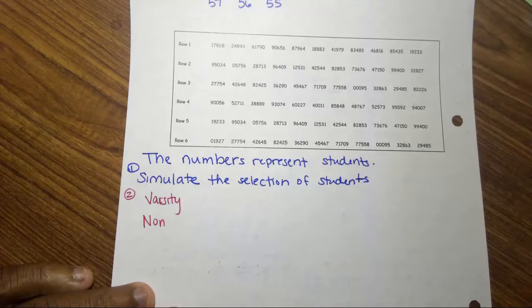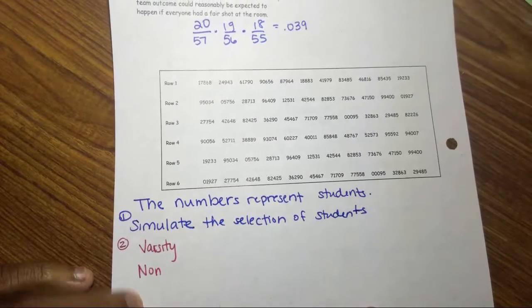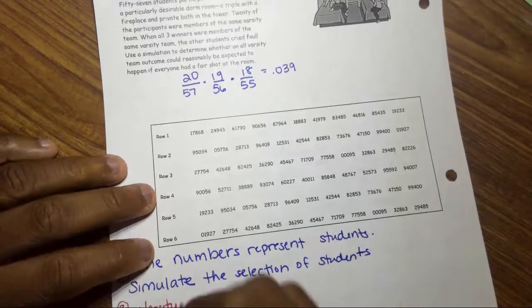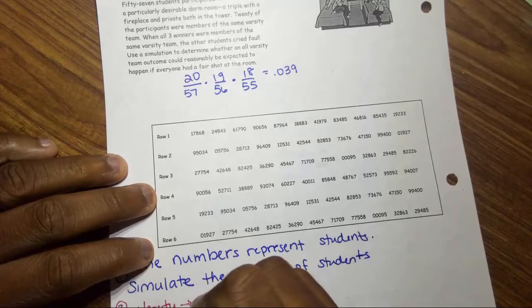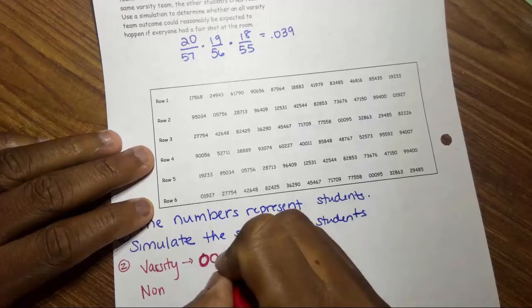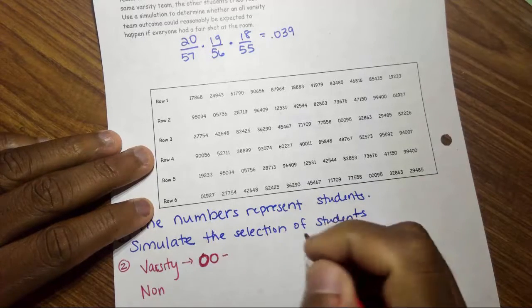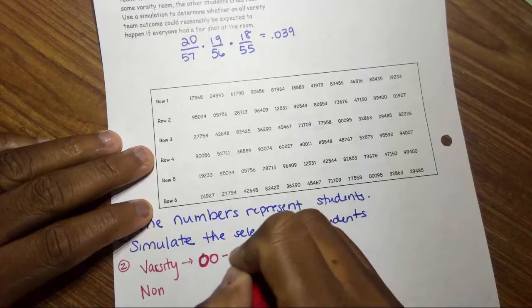This time, we're going to use two-digit numbers. We're going to allocate 2 digits for each number. So varsity players are going to be 00, stacked together like 00, 01, 02, through what number? Not 20, but 19.